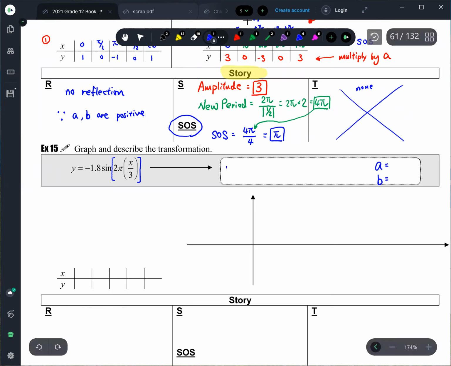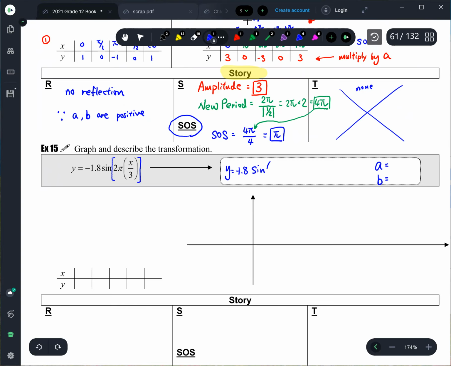So we're going to rewrite it. Negative 1.8, we'll just keep where it is. But after the sine, the 2 pi is in the numerator, because this has nothing underneath. As there's nothing underneath, you can think of it as 2 pi over 1.